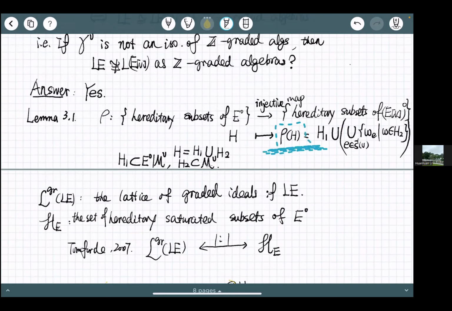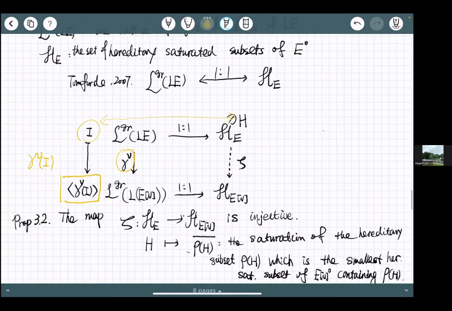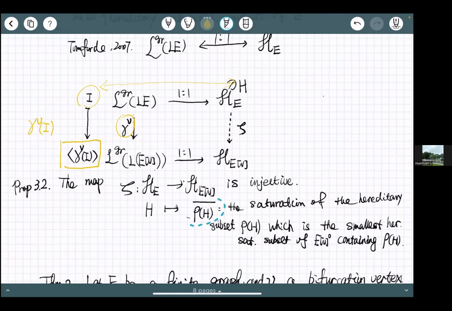For this hereditary set, we do the saturation, and we get a hereditary saturated subset of EV0. Recall that the saturation of a hereditary subset is the smallest hereditary saturated subset which contains rho H.